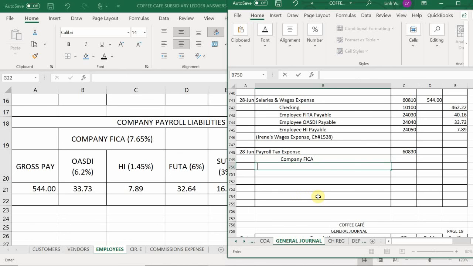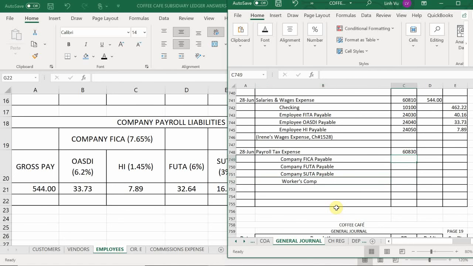So company FICA payable, company FUTA payable, company SUTA payable, and we have workers' compensation. I think I put workers' comp.